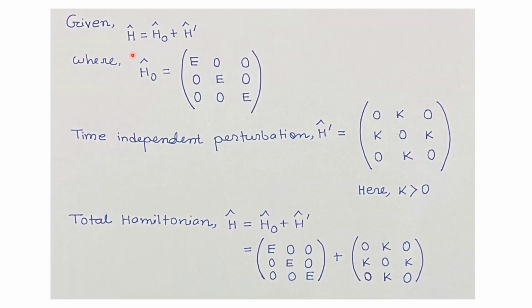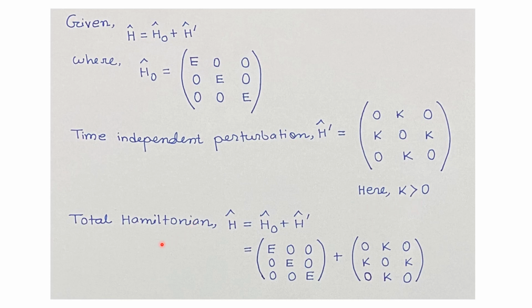So it is given that h cap equals h naught cap plus h dash cap, where h naught cap equals this 3 cross 3 matrix, E00, 0E0 and 00E. Now the time independent perturbation h dash cap matrix is given by 0k0, k0k and 0k0, where k is greater than 0, as given in the question.